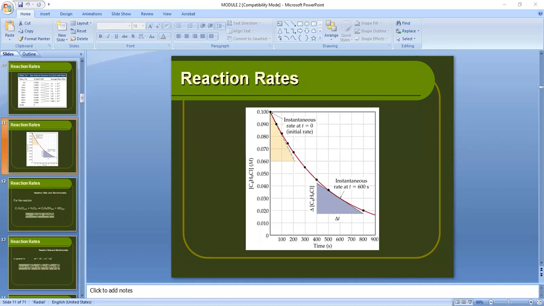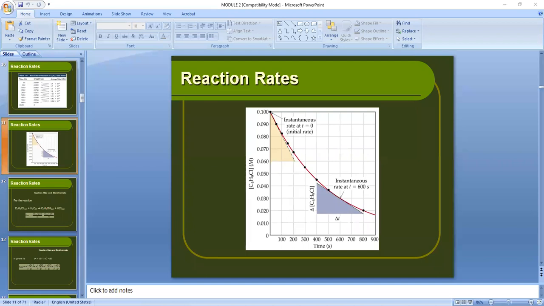From 600 seconds on the horizontal axis, you go up, you project it on the curve which you have drawn smoothly through the paired values of concentration and time, and you draw a tangent line on that particular portion of the curve.